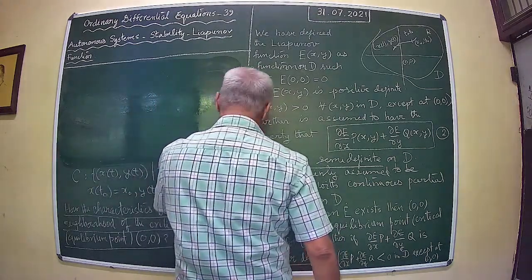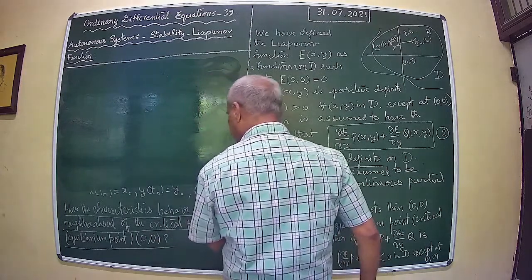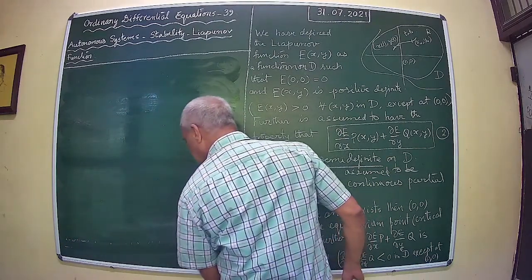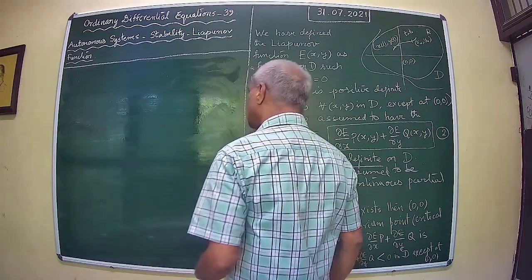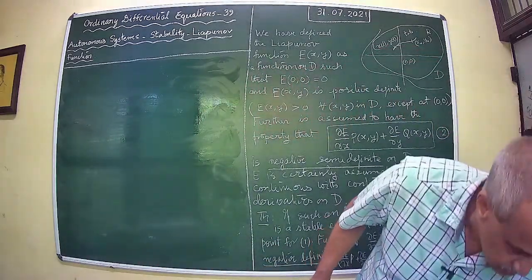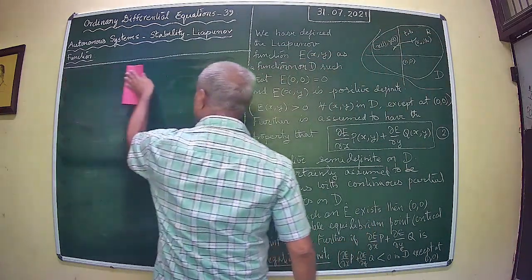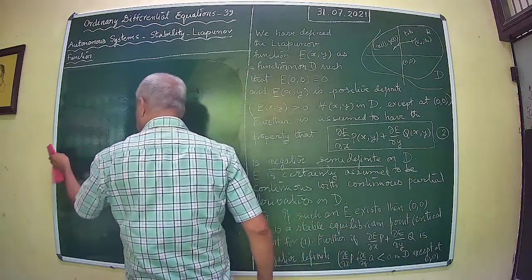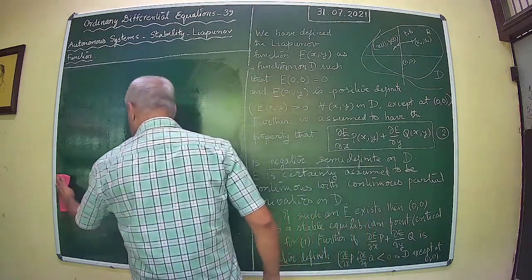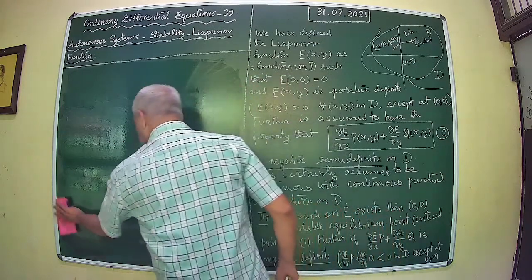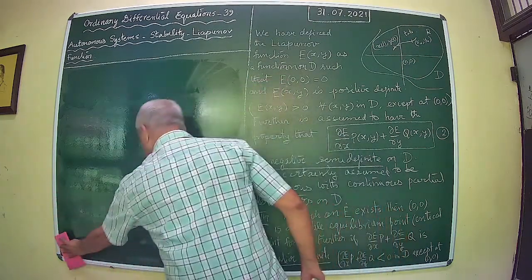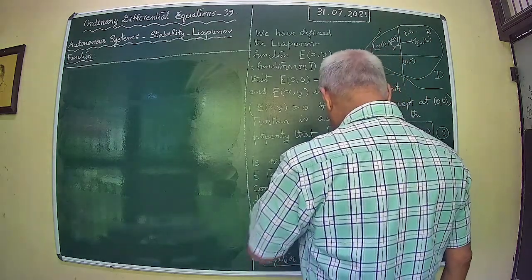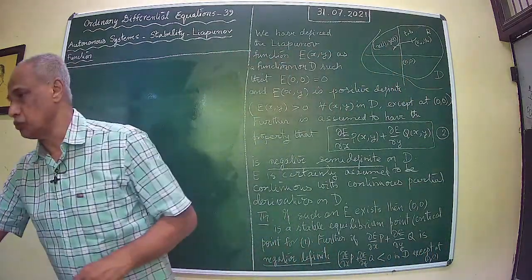Then what we have is that it is asymptotically stable at (0, 0), where of course we assume it vanishes.